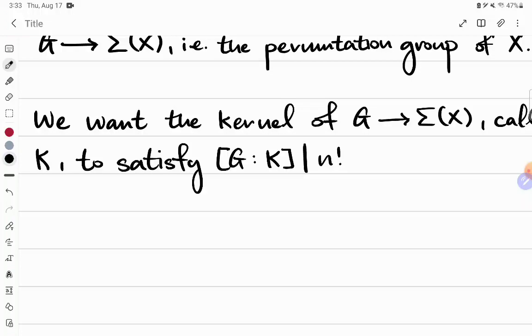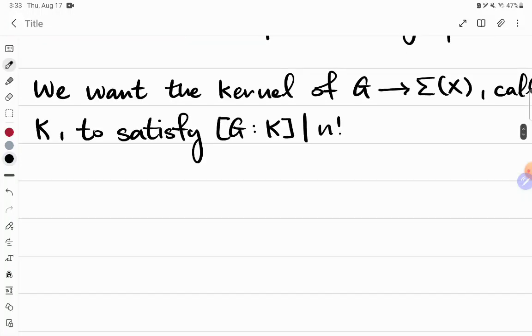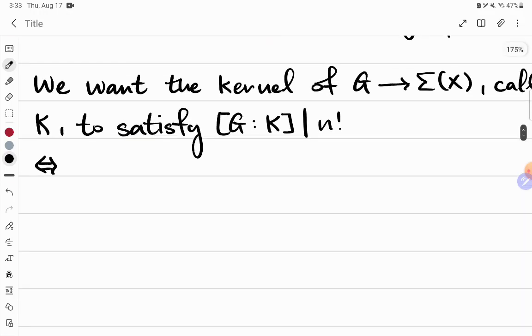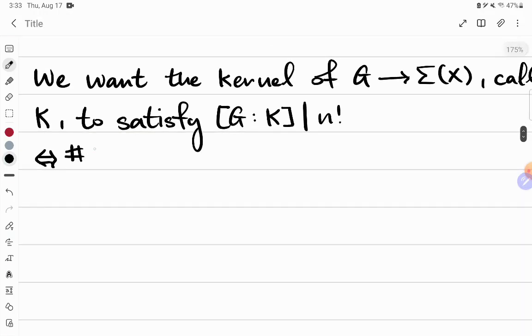So now, with this in mind, this is the same, let me do if and only if, because we know that the index of a subgroup in G is the same as the order of G divided by the order of K. This divides n factorial.